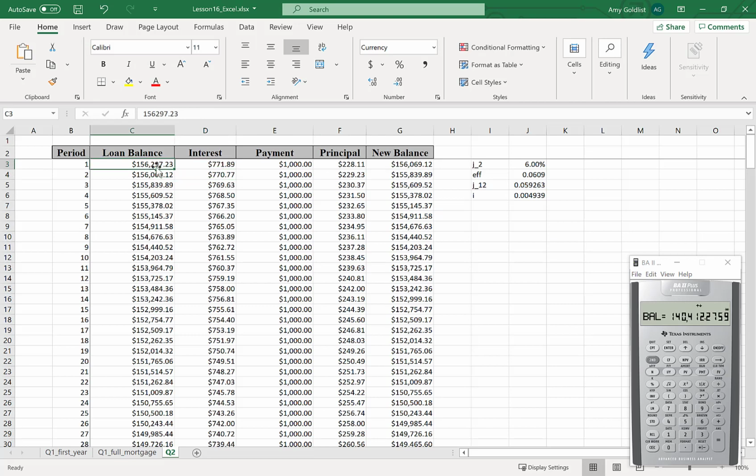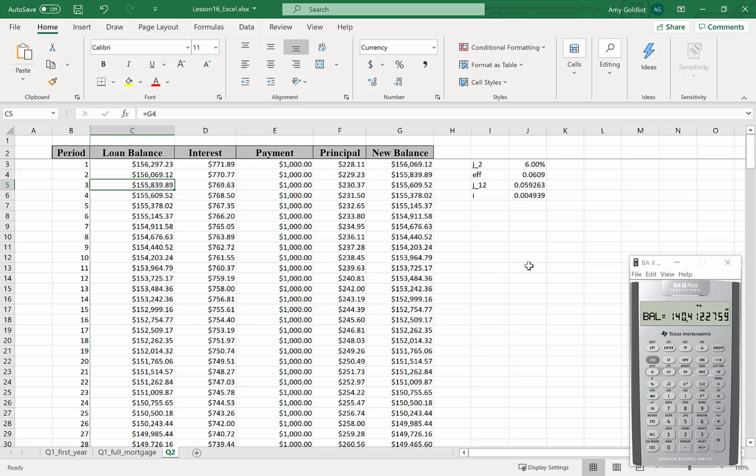So I took my loan balance, I found the interest, I put in my payment as a constant. Principal, again, is just payment minus the interest. And finally, whatever I have is going to be what I started with minus the principal paid is our new balance. And the next month, I just pull my loan balance down from the previous month at the beginning.